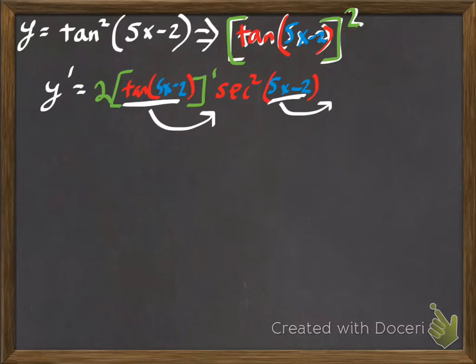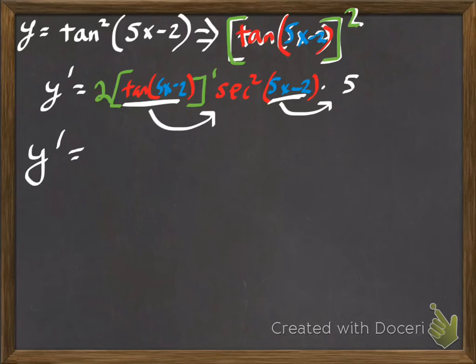So we're going to chain on a second chain, or 2 chains, trademark, in this problem. So 2 was the outside squared, now it's 2 math to the first power. The inside part's derivative is secant squared of the blue stuff. The blue stuff's derivative spills out a 5. So 3 functions here, red, blue, and green, and 2 chains as a result.